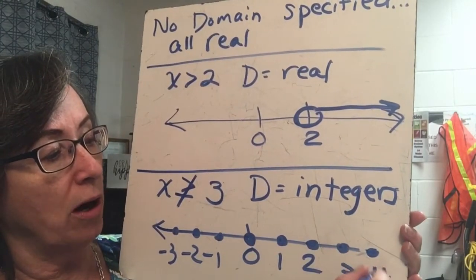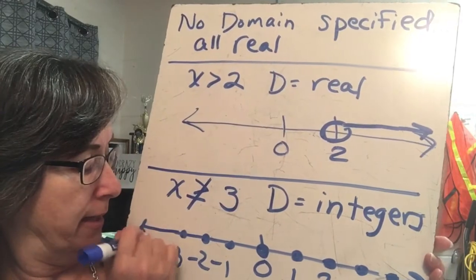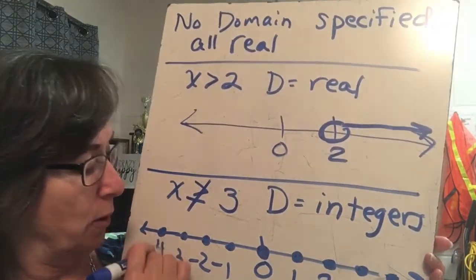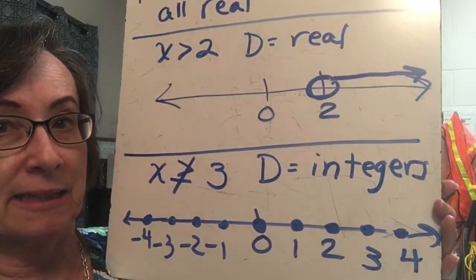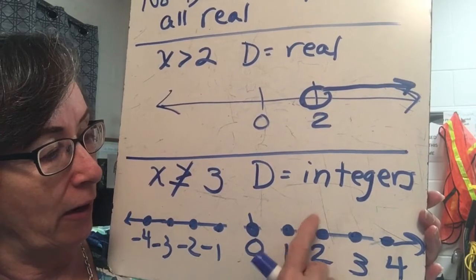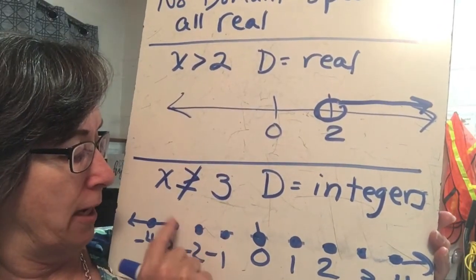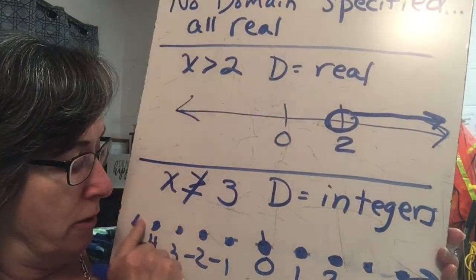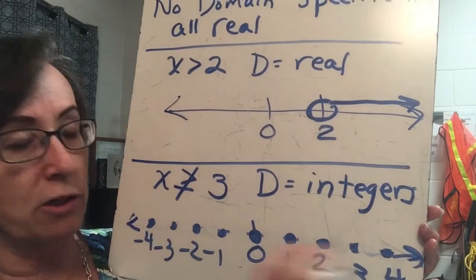It would continue on this integer number line. Everywhere you see the dots is the domain. We don't have anything in between because the domain is just the integers, not the real number line, but it does continue going in both directions.